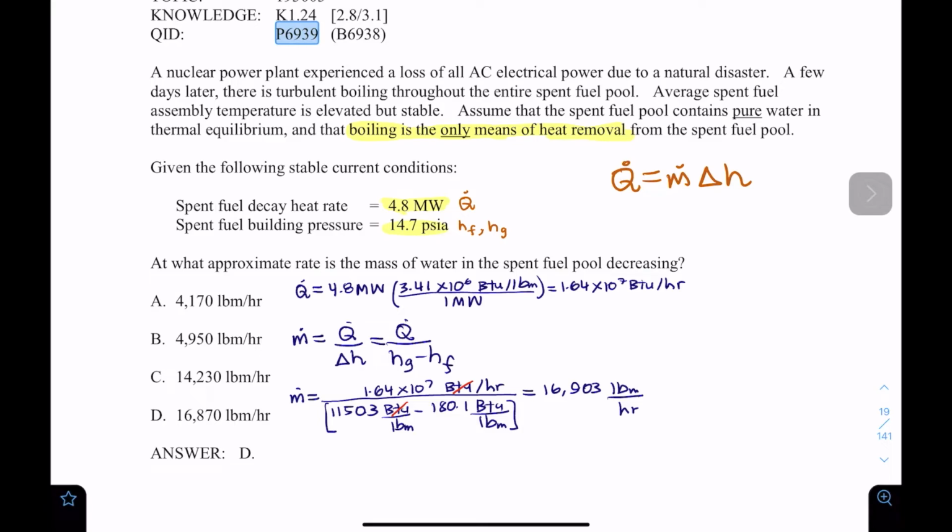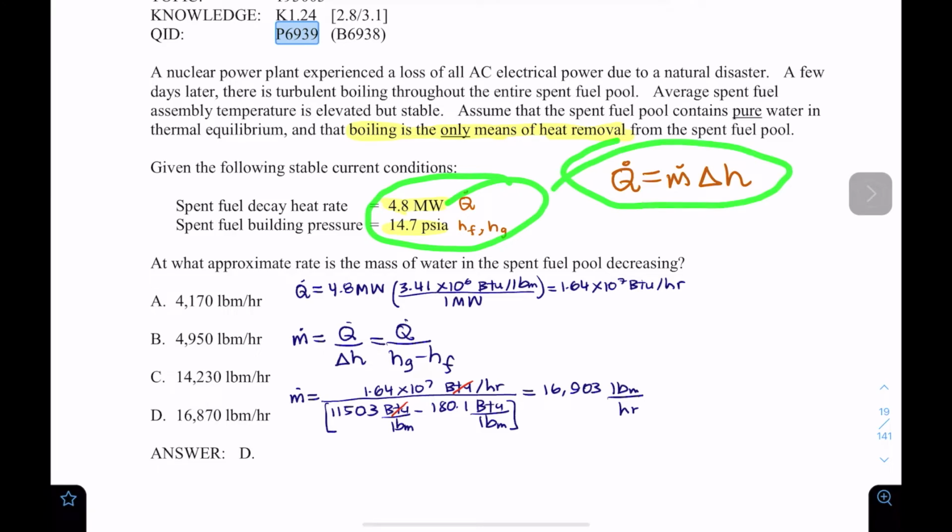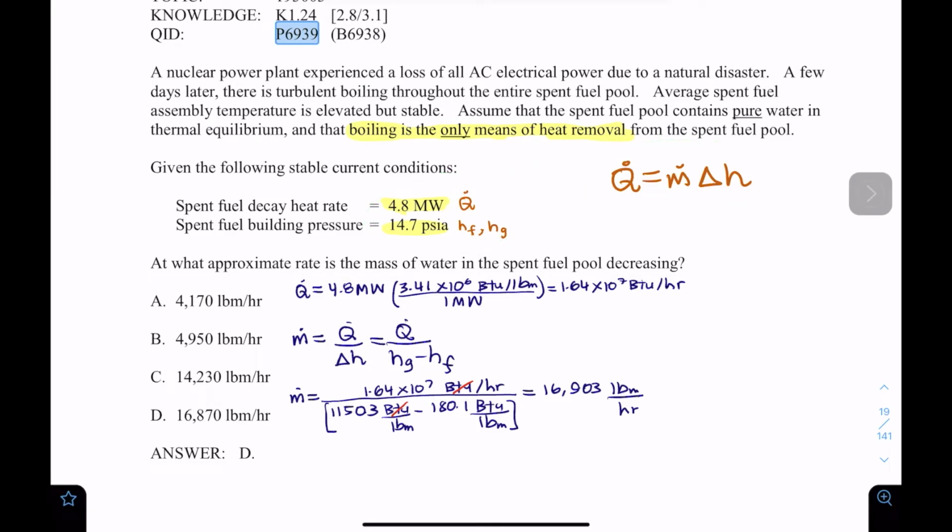So that's all I need to calculate. And since I'm only given this, I know that I can use this formula. I can use the enthalpy. So I look up the enthalpy at this temperature for liquid and vapor.